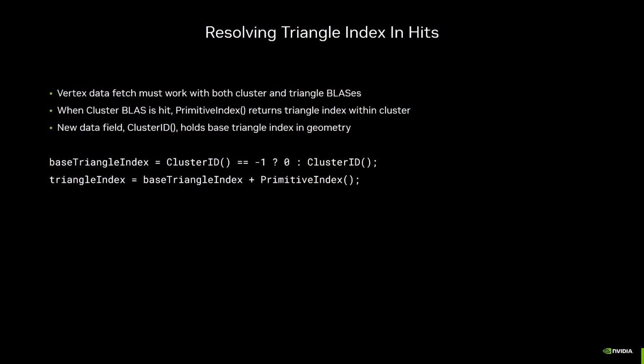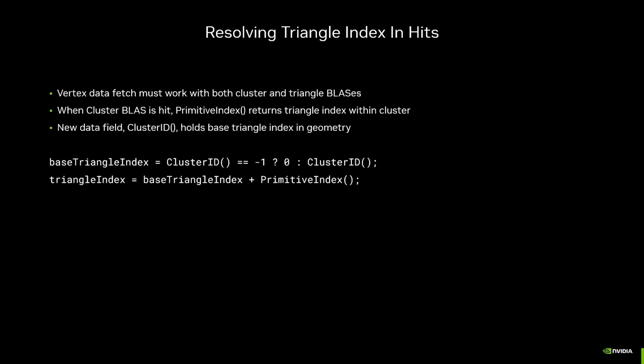Triangle BLASs are still used for static content, so there are both cluster and triangle based BLASs in the TLAS. When hitting a cluster BLAS, the primitive index means the triangle index within the cluster. When hitting a triangle BLAS, it means the triangle index in the geometry.